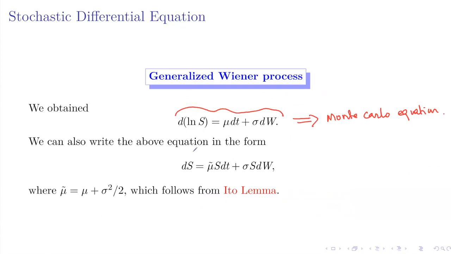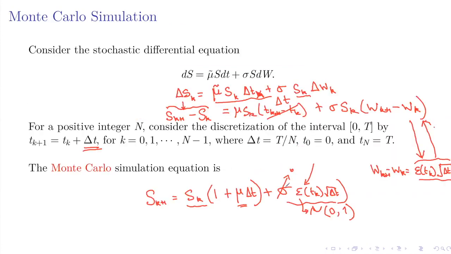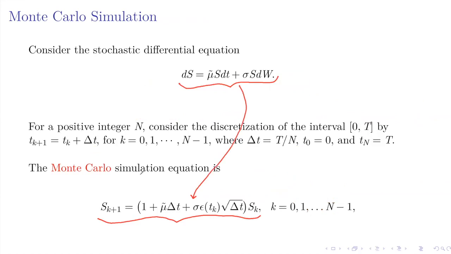I leave it to you to derive this, but that formula will actually give you log of S. Therefore, if you want the stock price out of that method, you have to take the exponential, because that gives you log of the stock price, whereas this one directly gives you the stock price. So I have chosen the easier one to illustrate the method. Finally, the formula looks like this.